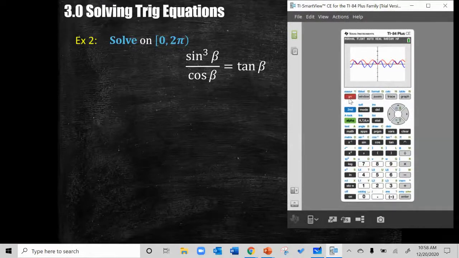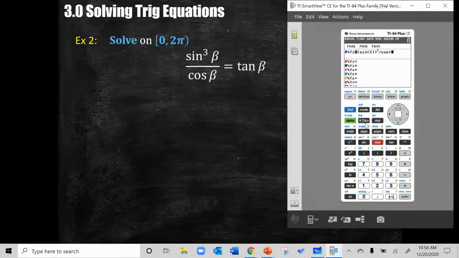Let's see, I'm not going to show this for every single one. You guys are capable of doing this, but I'll show it now. Right, so we want to know what our end goal is in mind. Sine of x cubed divided by cosine of x, and then tangent of x.